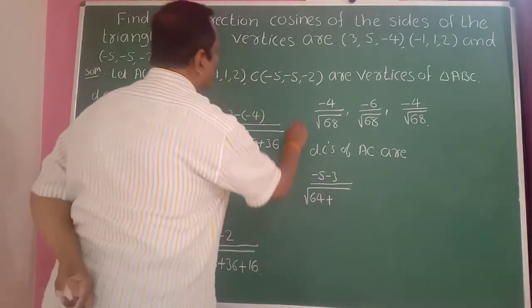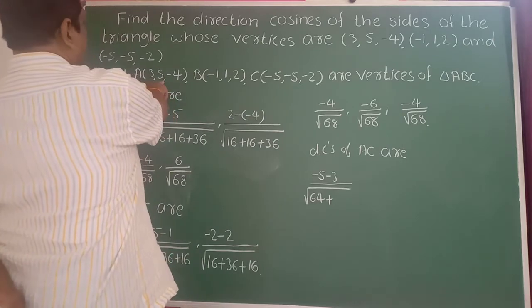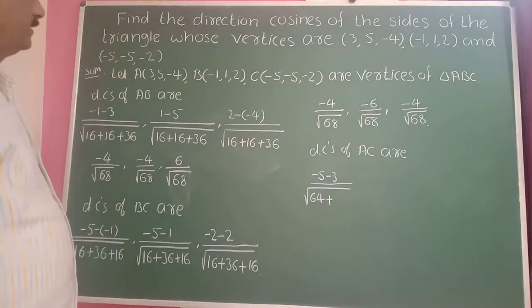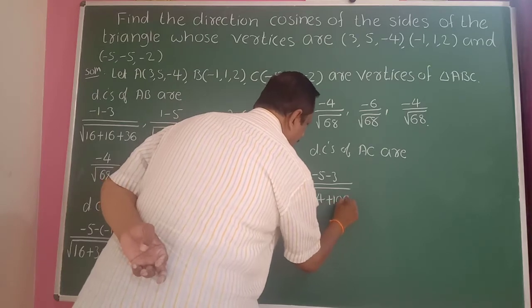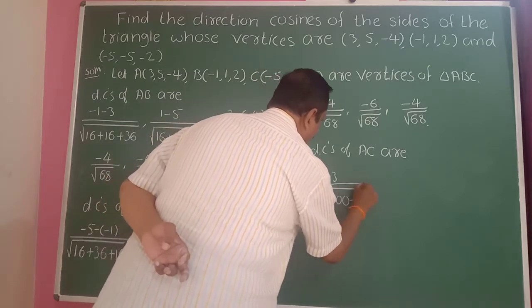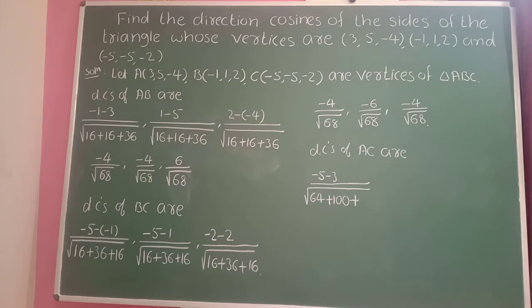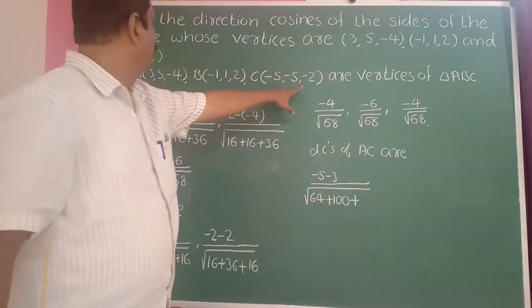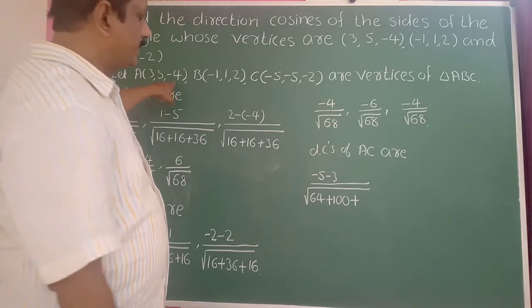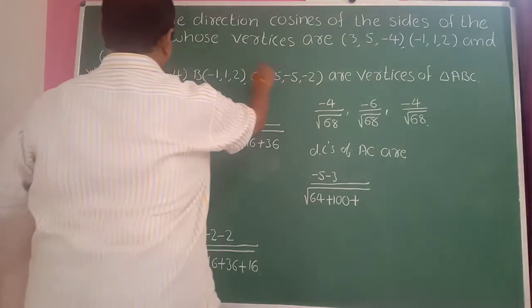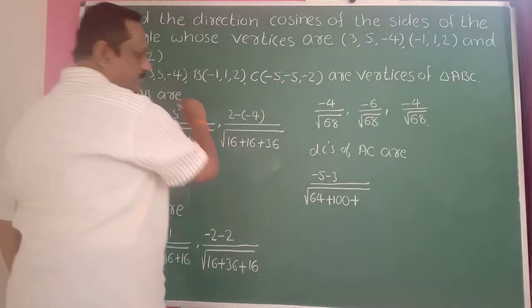Then plus, minus 5 minus 5, minus 10, minus 10 square is 100 here. Then plus minus 2 plus 4, which becomes plus 2. Plus 2 square is 4 here.